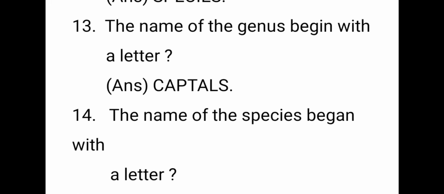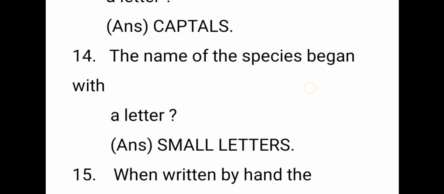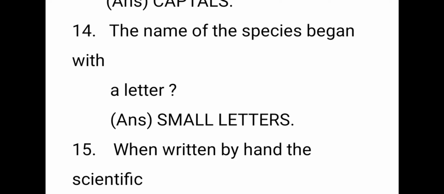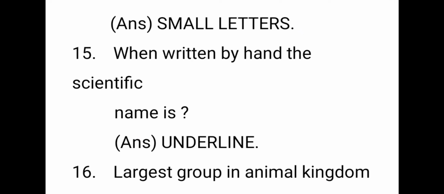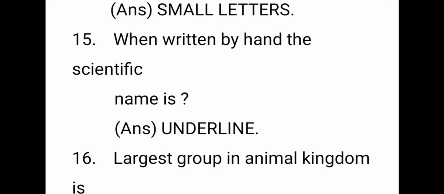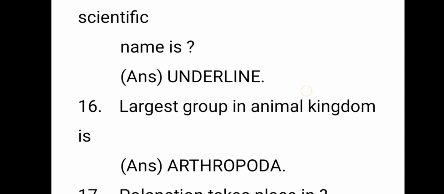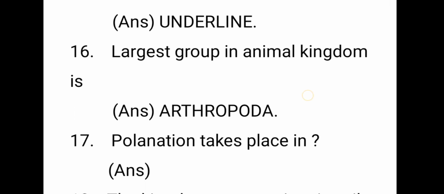The next question: the name of the genus begins with a capital letter. The name of the species begins with a small letter. When written by hand, the scientific name is always underlined. You must underline the name.